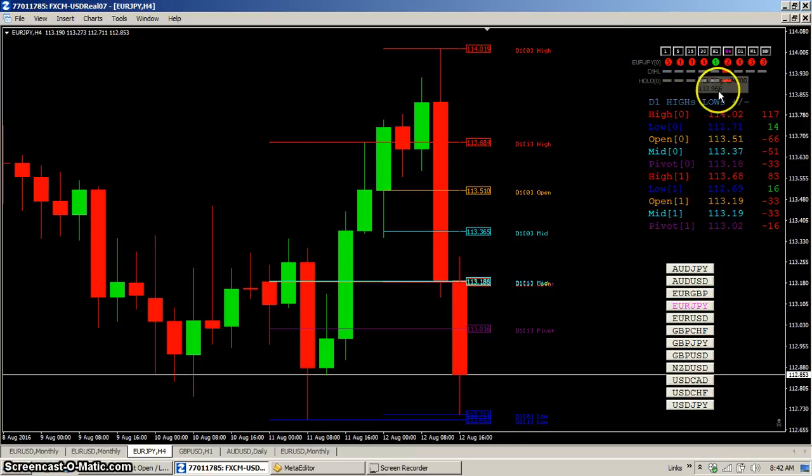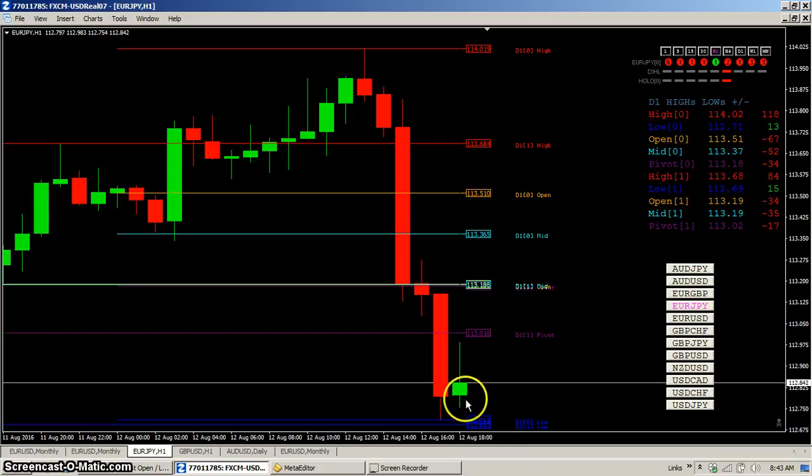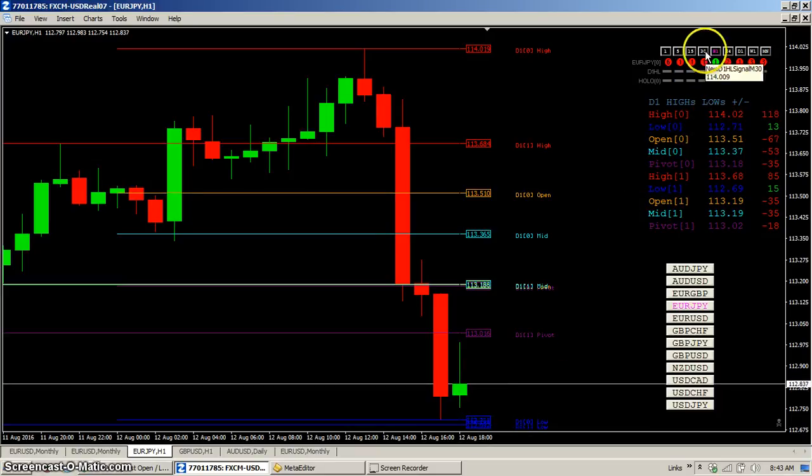The euro yen only on the H4. You can see here on H1, it's already going up and back. So you have to sit on your hands and wait for it to come back down.